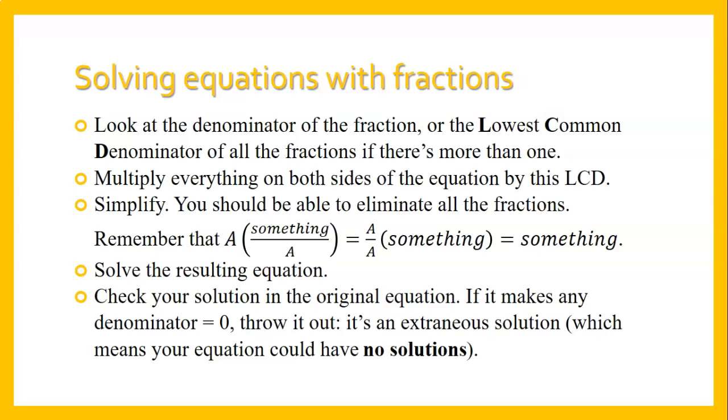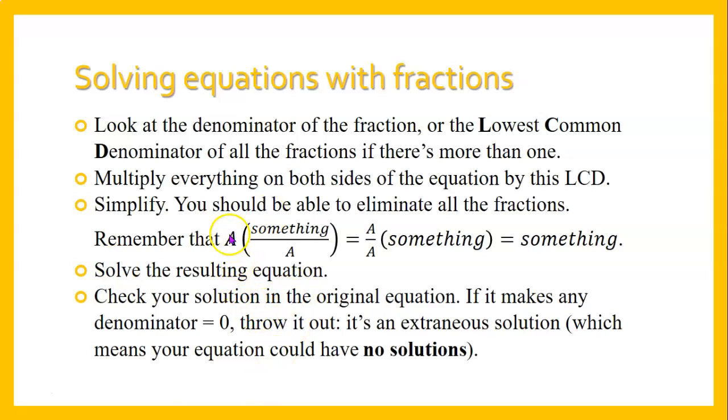That is, the smallest or least complicated thing that is divisible by each of those individual denominators. Once you've figured out what that is, multiply everything on both sides of the equation by this lowest common denominator. And then simplify. And you should be able to eliminate all the fractions.